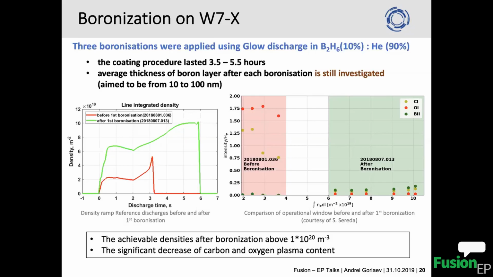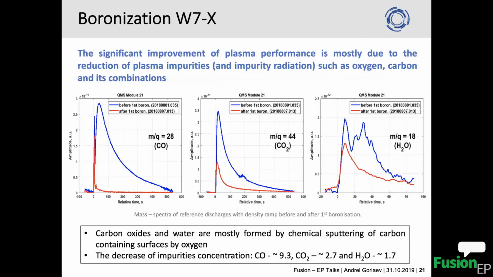We could run plasma discharges in hydrogen with high density, and we reached a duration of 100 seconds, which was not possible before the boronization application.